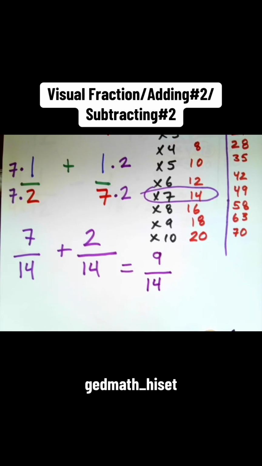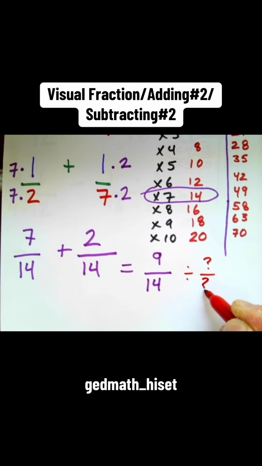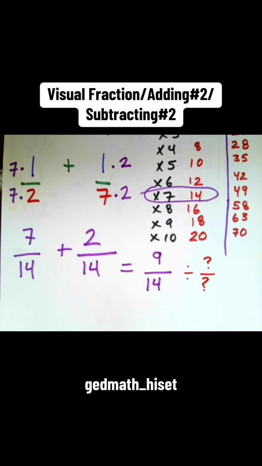Now, you have to ask yourself this question. This is part of the final solution or answer that you have. Is there a number I can divide evenly into both top and bottom without a remainder, other than 1? I know 3 will go into 9, but 3 will not divide evenly into 14.